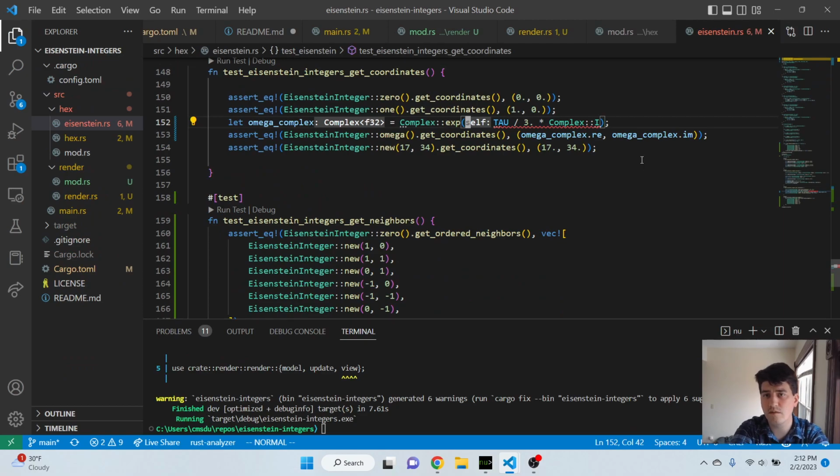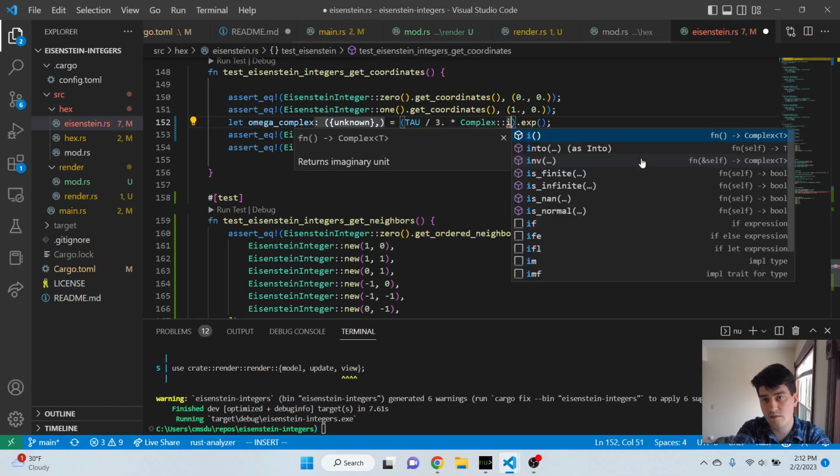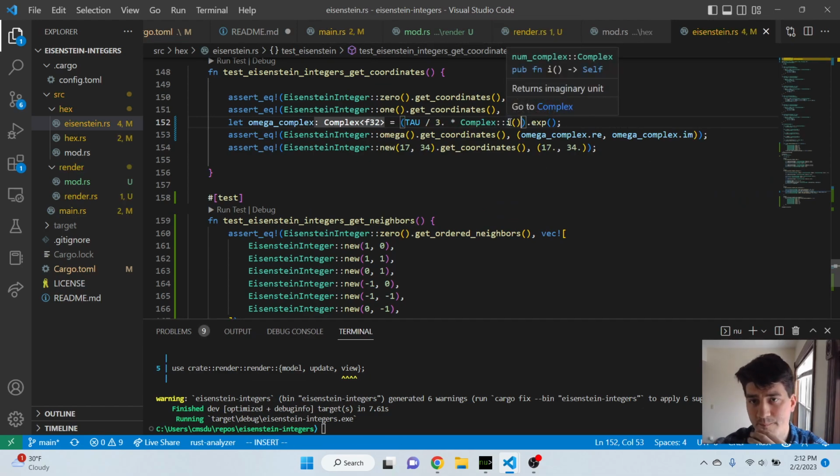So we need to do this, which I believe should be a complex number, and then we exponentiate it. Complex I. Okay.